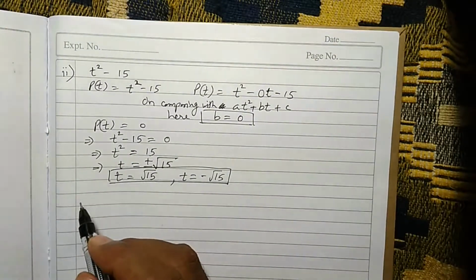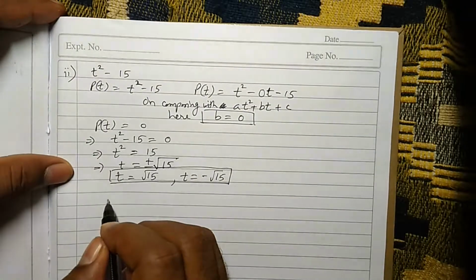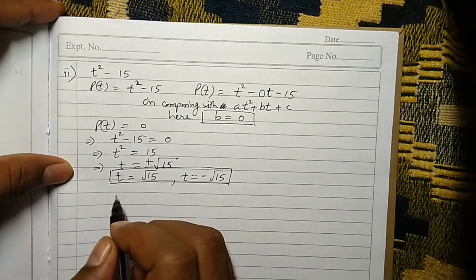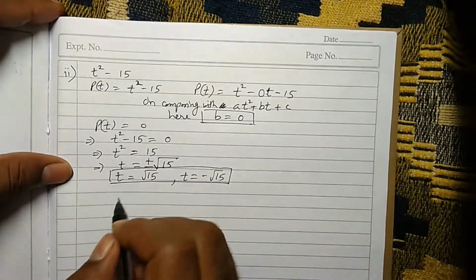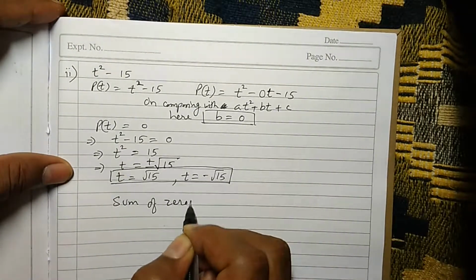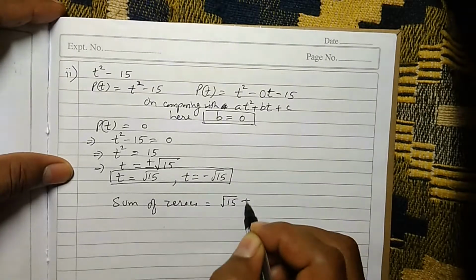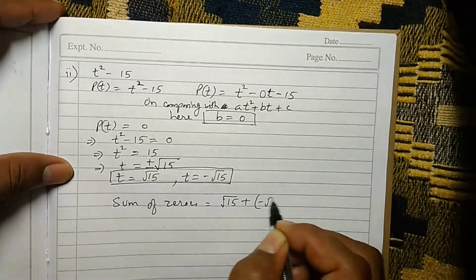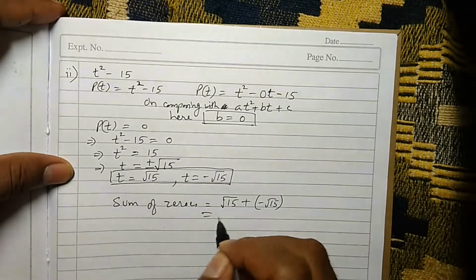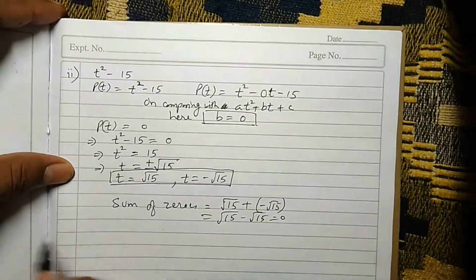Now the next step is to verify the sum of zeros and product of zeros. Sum of zeros equal to root 15 plus minus root 15, that will become root 15 minus root 15, that is equal to 0.